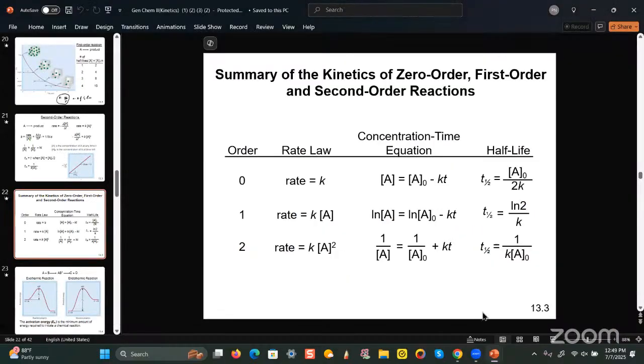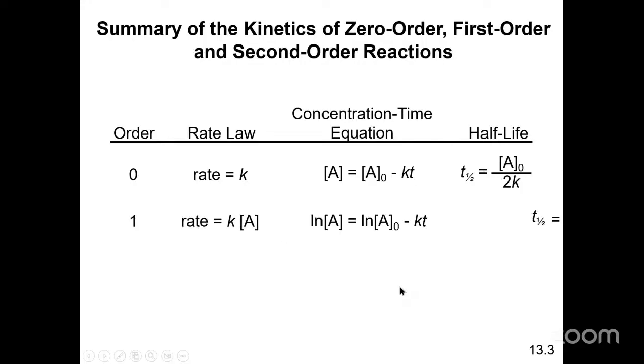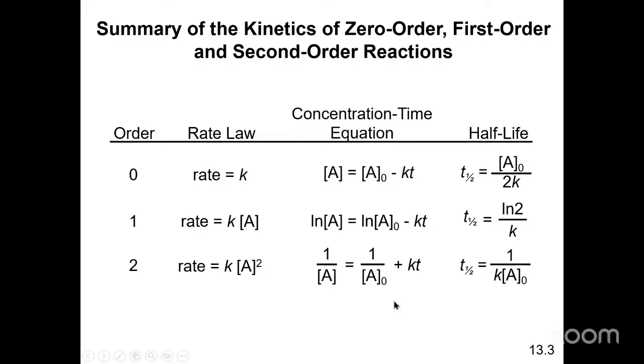Okay, so on this slide, I have a summary of the equations that you need to know for the 0, first, and second order reactions, right? So these are basically all the equations which relate the concentration of the reactants to time, all right?